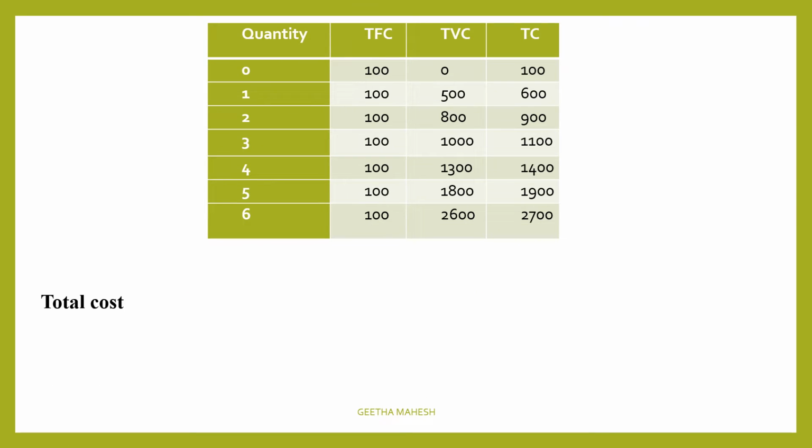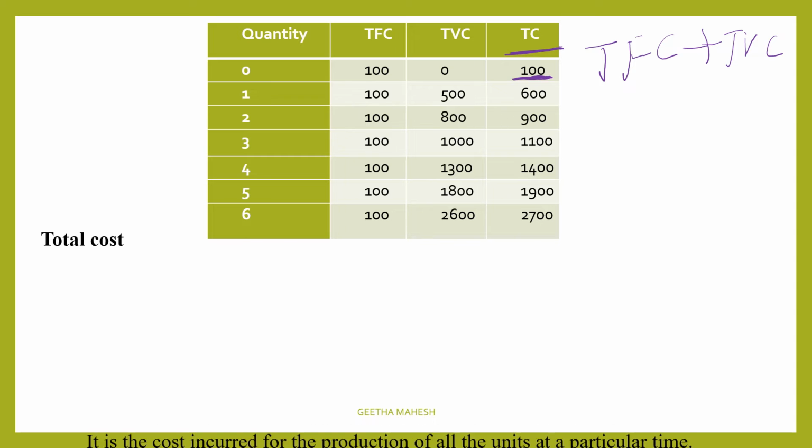Dear students, now let us discuss total cost. You can see in the diagram, total cost can be obtained by addition of total fixed cost plus total variable cost. What is total cost? Total cost is the cost incurred to produce all the units of output.